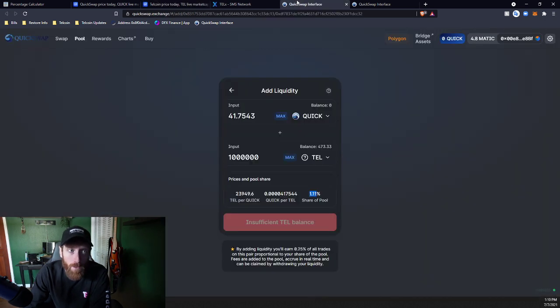Another thing to keep in mind that I didn't get a chance to say yet: down here it says that by adding liquidity, you'll earn 0.25% of all trades on this pair proportional to your share of the pool. That includes in and out, and you are earning based off of your share of the pool. So you would get 1% of that 0.25% transactional fee going in and out.